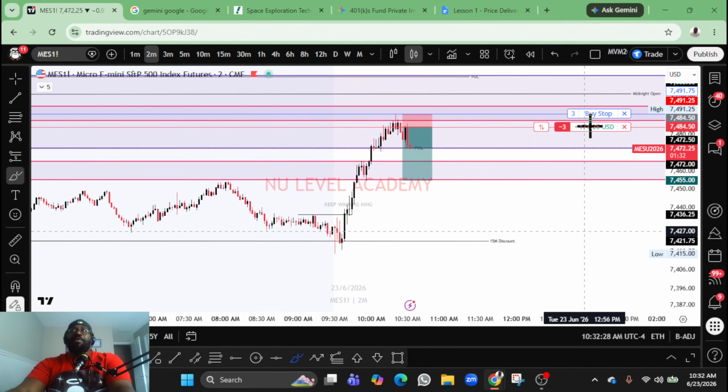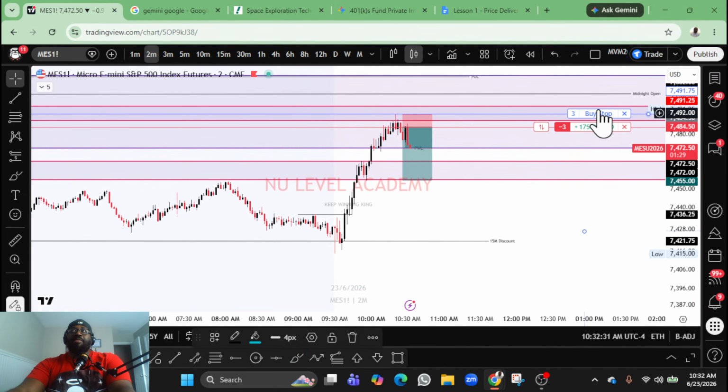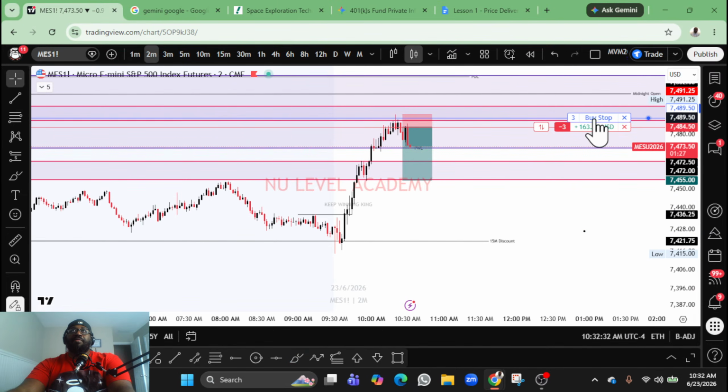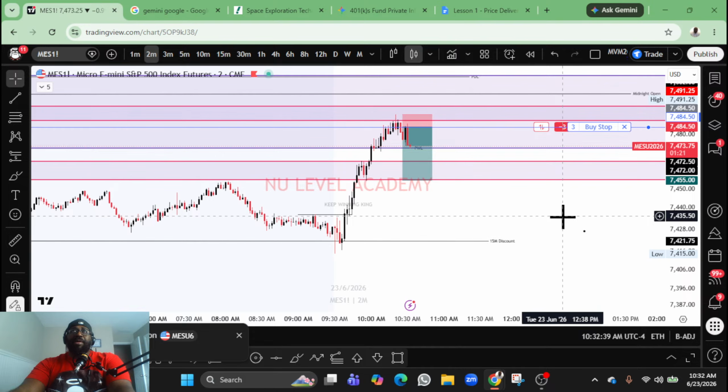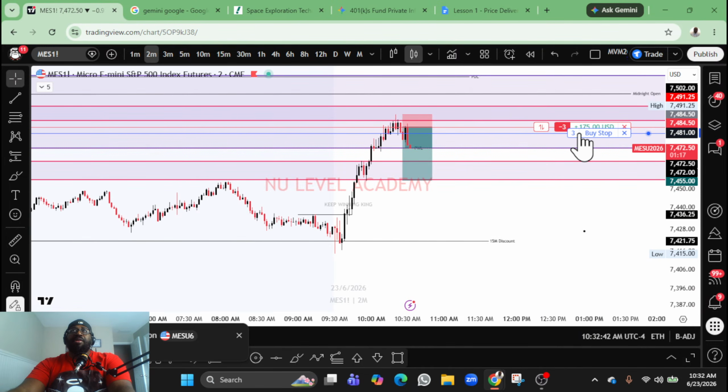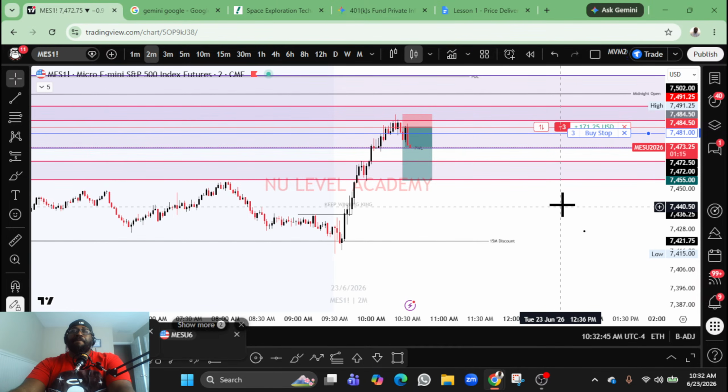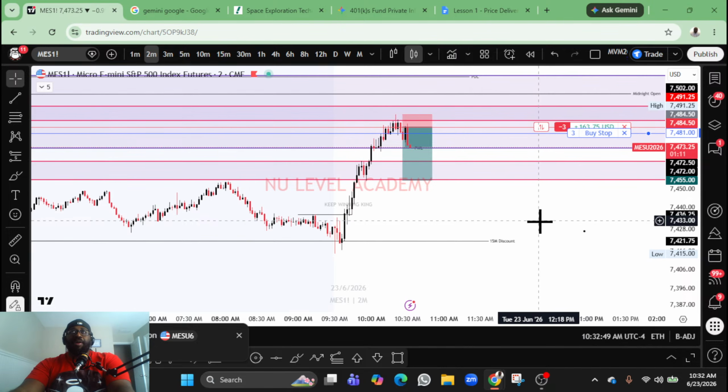I could cut risk, right? And just make this into a free trade on my stop loss. Now that I'm in a free trade on my stop loss, if it closed me out, hey, I could close out in profits. But we want to lock in some profits.